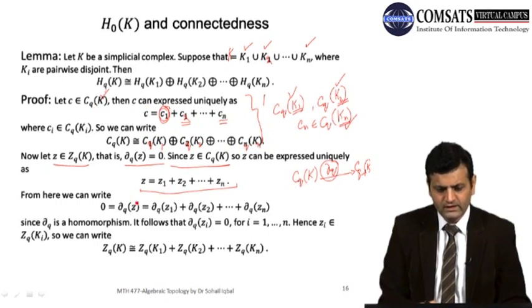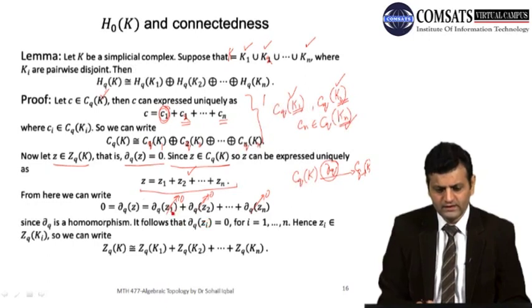When we apply this boundary operator partial Q on both sides, then partial QZ is equal to 0, because this is an element of ZQ of K, and using this homomorphism property of partial Q, we get this expression. Okay, so it follows that partial Q Zi are equal to 0. So this is 0, this is 0, and this is 0. So every element is 0.